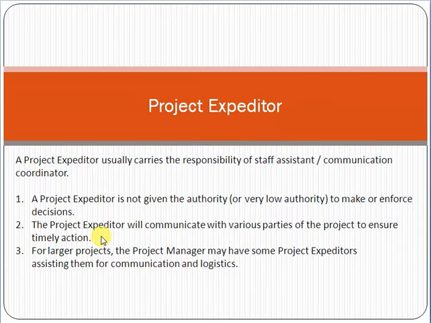Now let's see what the role of a person called a project expediter is. Friend, a project expediter usually carries the responsibility of a staff assistant and communication coordinator.